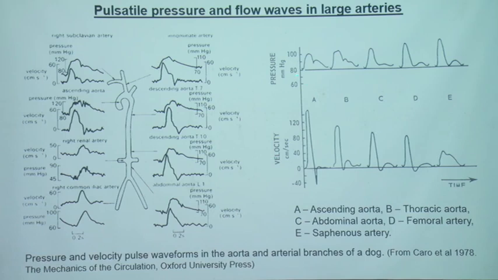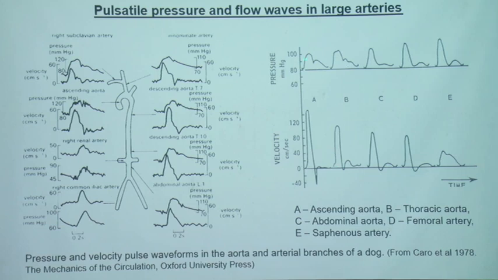And the other difference: if we extract these pressure and flow waveforms into these diagrams, we can see how the pressure waveform changes along the aorta, from the vessel closest to the heart to somewhere in the leg. Location A is in the ascending aorta, whereas location E is in the saphenous artery, actually in the leg, somewhere further down. That's not shown.